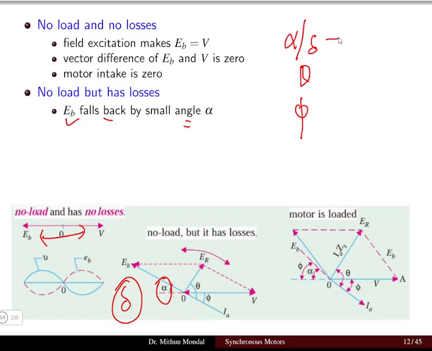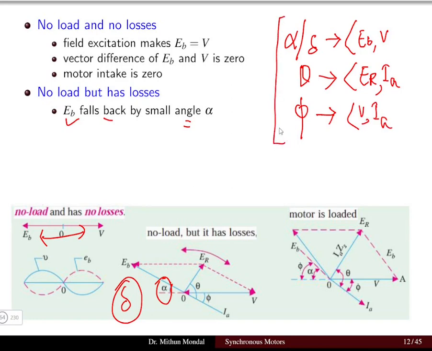So alpha, delta, whatever we say, is the angle between the back EMF EB and the supply voltage V. Theta is the angle between the resultant EMF ER and the armature current IA, whereas phi is the power factor angle, which is the angle between the supply voltage V and the armature current IA. So these three angles we will be using in the case of a synchronous motor to understand the dynamics.